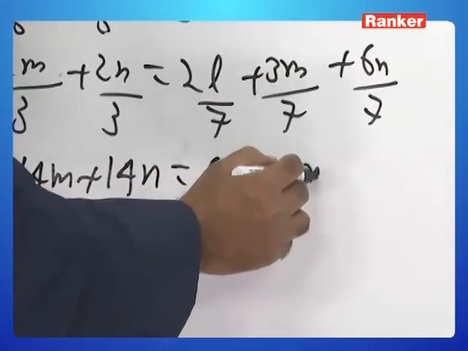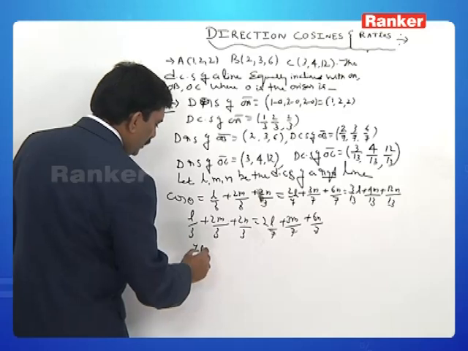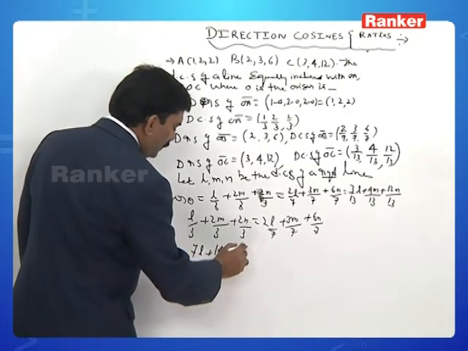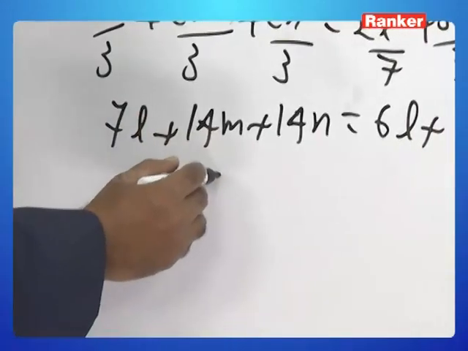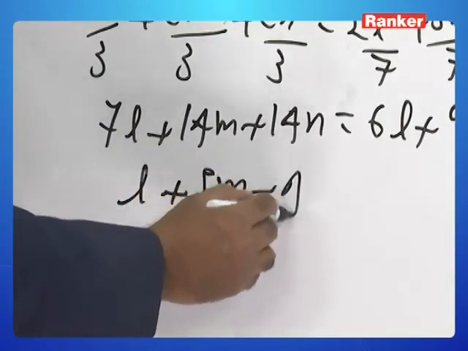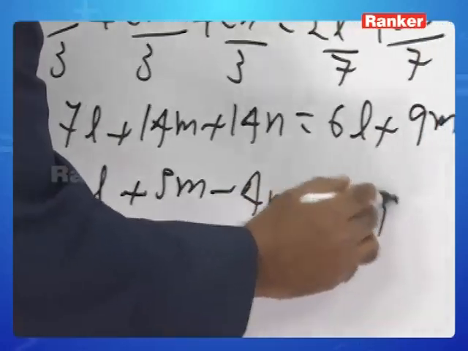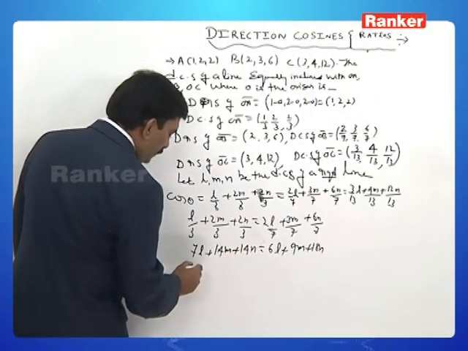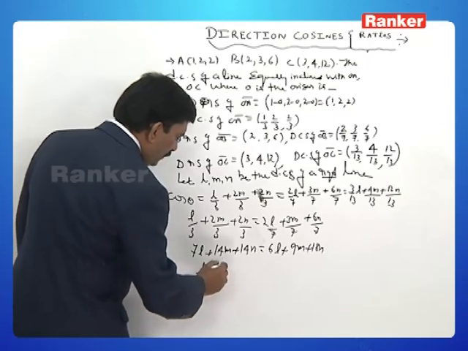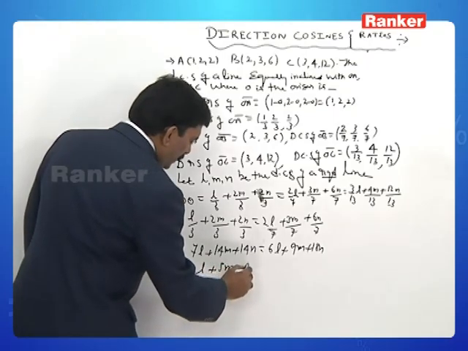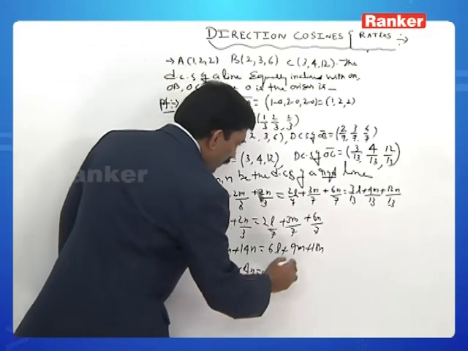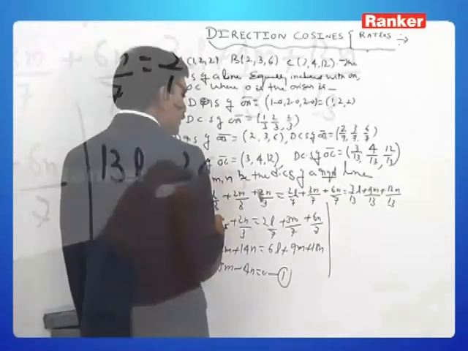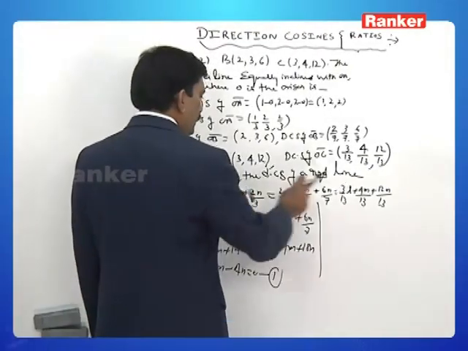Now you cross multiply: 7l plus 14m plus 14n is equal to 6l plus 9m plus 18n, correct? Now you transfer this side. Now this becomes 7 minus 6, that is l, plus 5m minus 4n. You call it as equation 1. Next, you go to the first and third line.